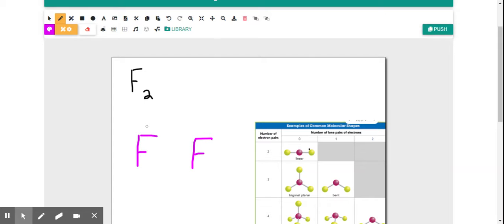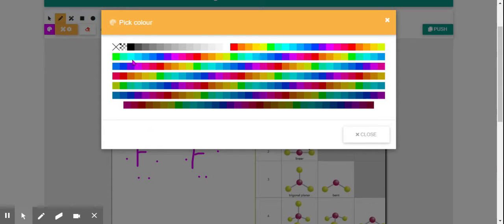So fluorine is a halogen. Once again, halogens have 7 valence electrons because they're in group 17. All right, so if we draw these, notice each fluorine has 1 solo electron, which means that it's going to form 1 bond.